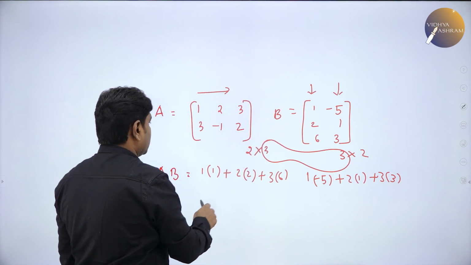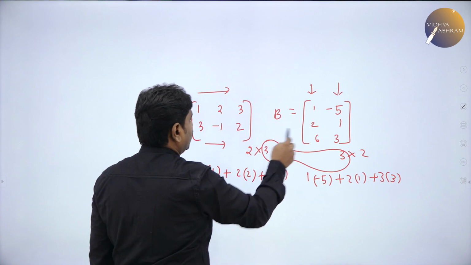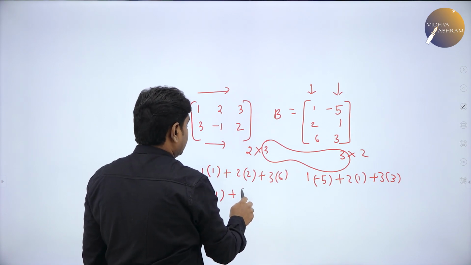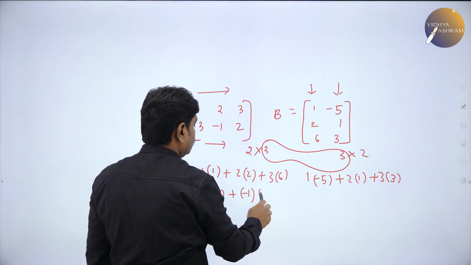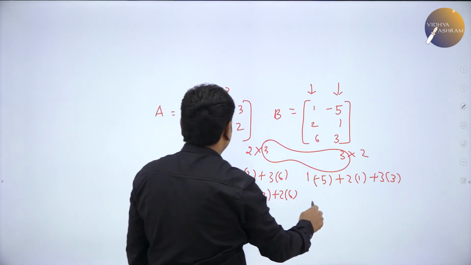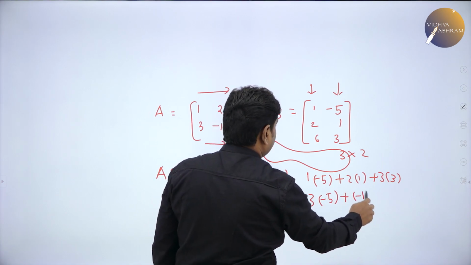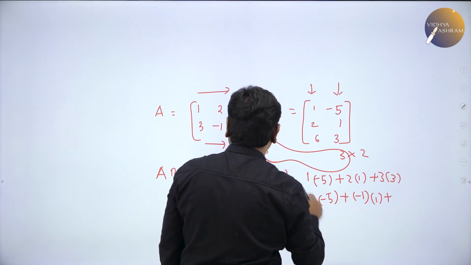Then second row with first column: 3 into 1 plus minus 1 into 2 plus 2 into 6. Then second row with second column: 3 into minus 5 plus minus 1 into 1 plus 2 into 3.